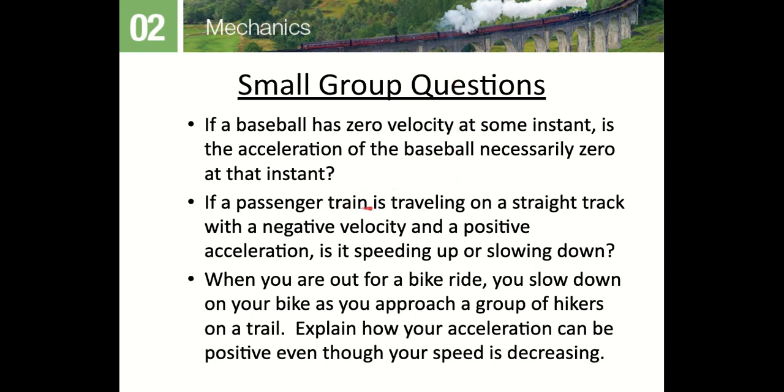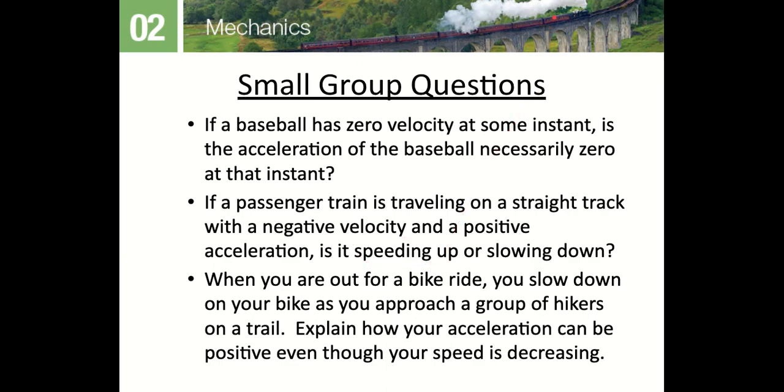If a passenger train is traveling on a straight track with a negative velocity and a positive acceleration, is it speeding up or slowing down? The answer is speeding up, actually.